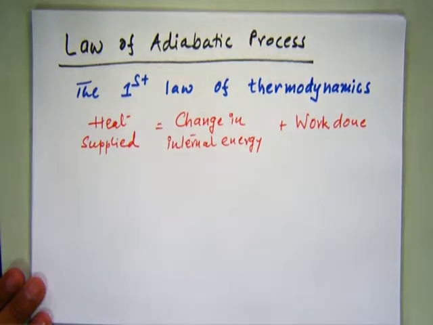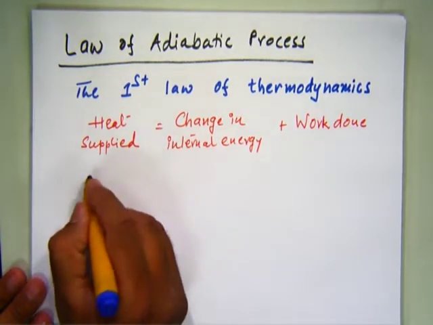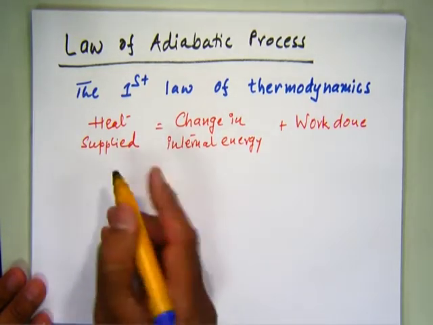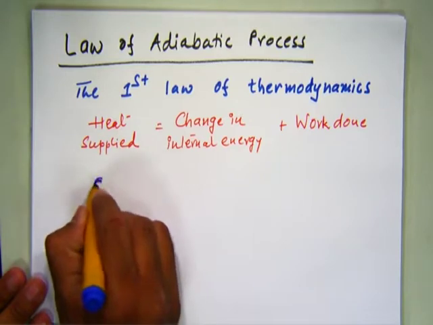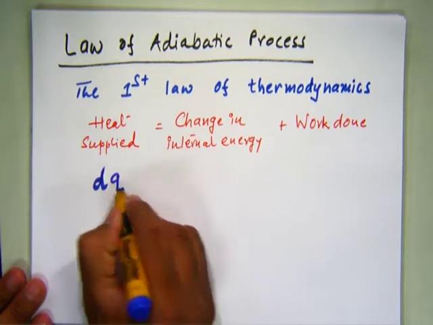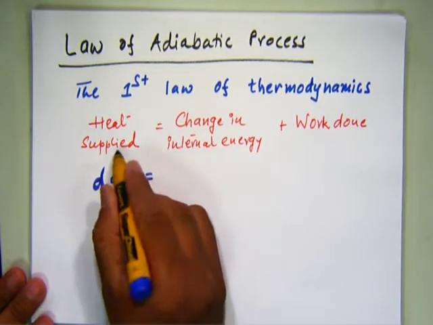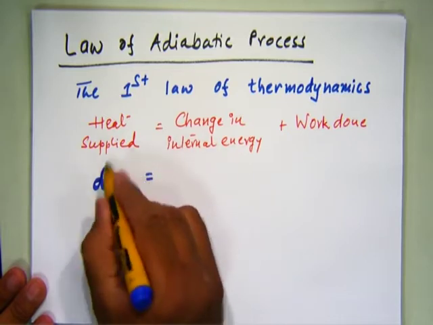The first law of thermodynamics says that the heat supplied is equal to the change in internal energy plus work done. So, heat supplied is equal to dq.